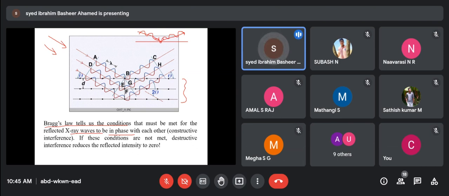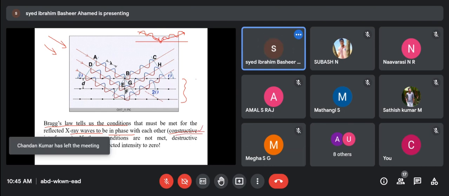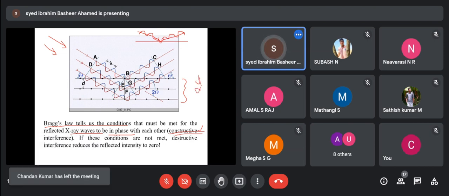That is called constructive interference. If you have constructive interference, then you will have diffraction. If you have destructive interference, there will not be any diffraction.